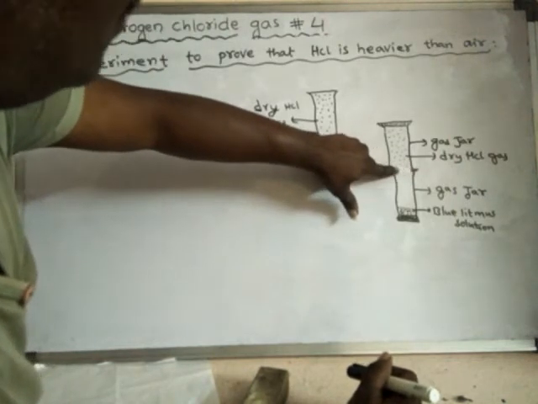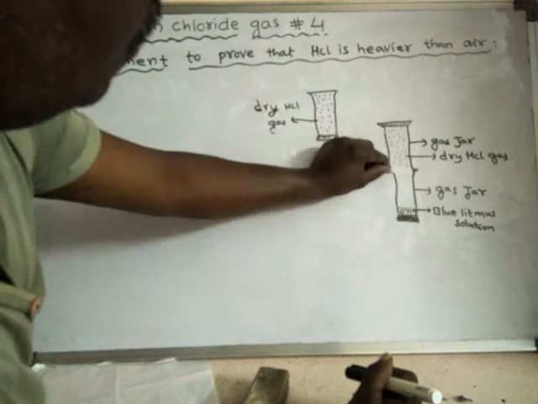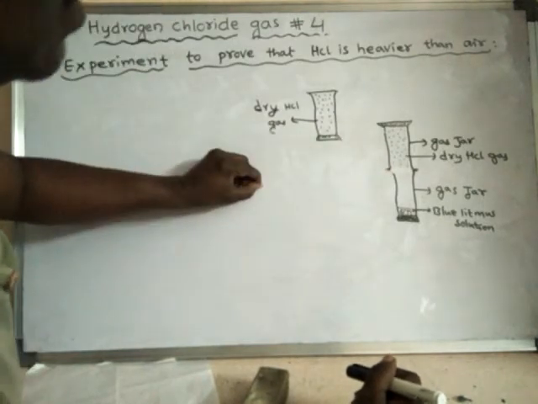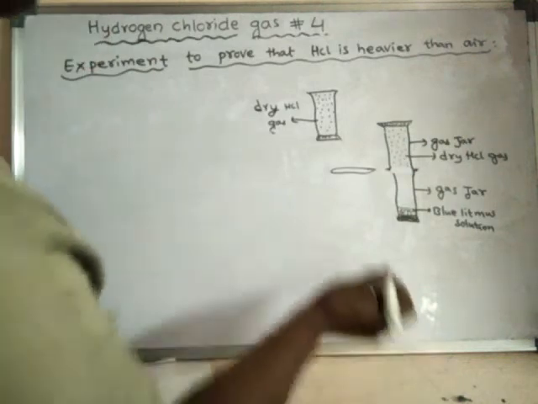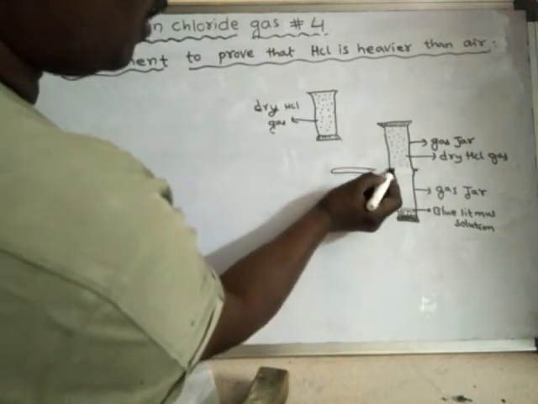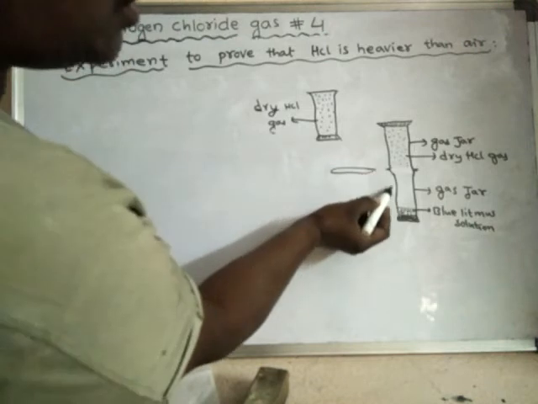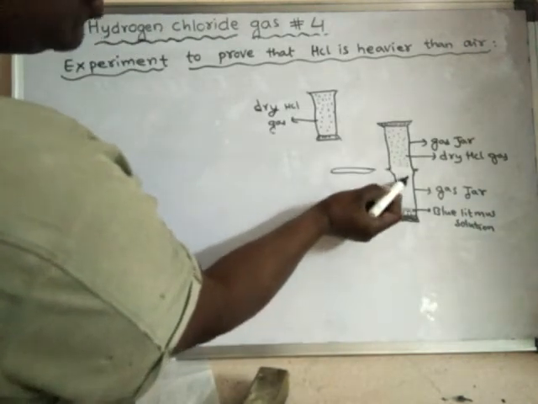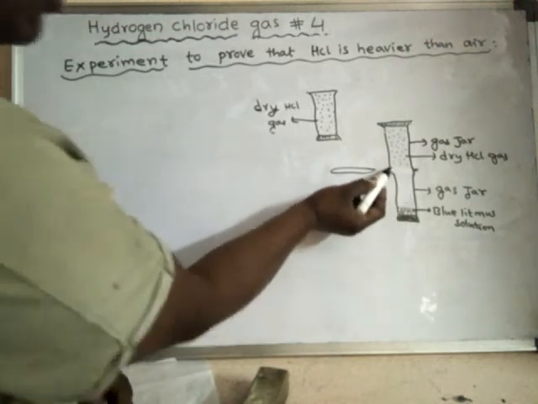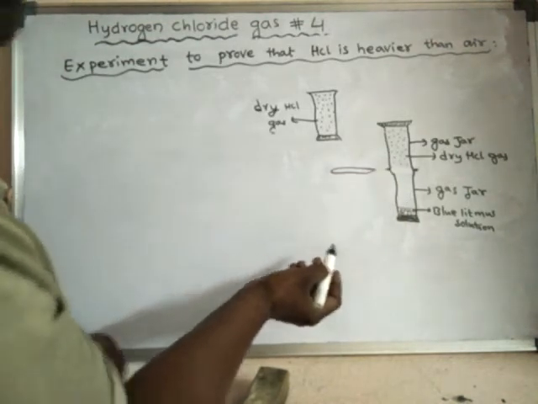Remove this glass disc. Just pull out this glass disc. So this glass disc is pulled out. What happens? Here, this is having air and this is dry HCl gas. So dry HCl gas is heavier than air. What happens?